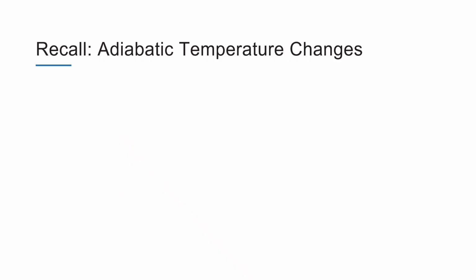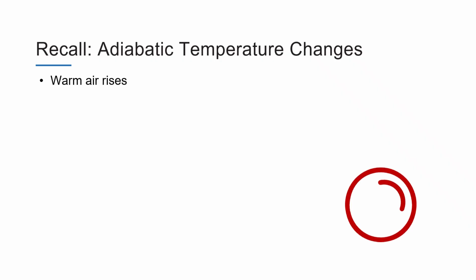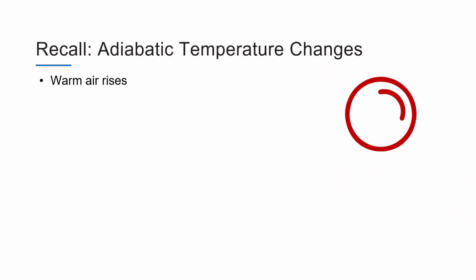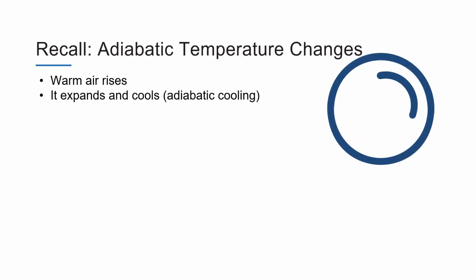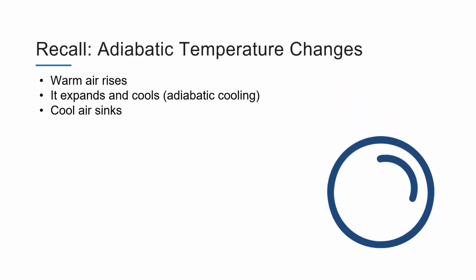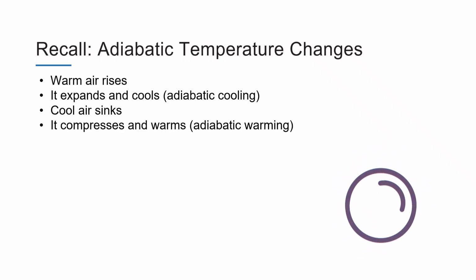Really quickly, let's recall adiabatic temperature changes, meaning changes in temperature caused by changes in pressure. So warm air rises, it expands and then cools, which is adiabatic cooling. Cool air sinks, and then it compresses and warms, which is adiabatic warming.